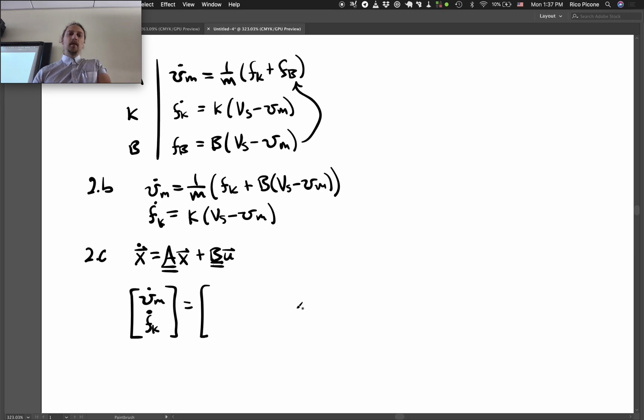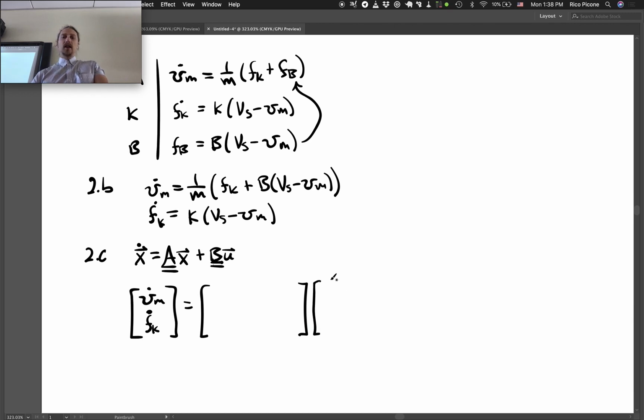It's equal to the A matrix, which has got to end up being dimension 2 after we multiply x. It has to end up being 2 on this side because it has to match up with this vector on the left-hand side. So this dimension has to be 2. The other dimension has to be 2 because it has to multiply x, which is a 2 vector. So it's to be a 2 by 2. It's always an n by n.